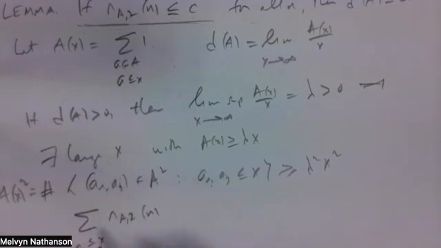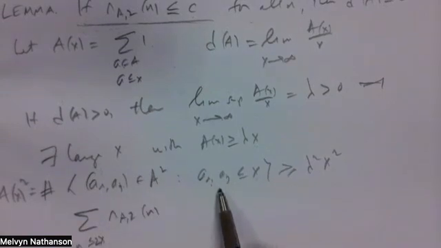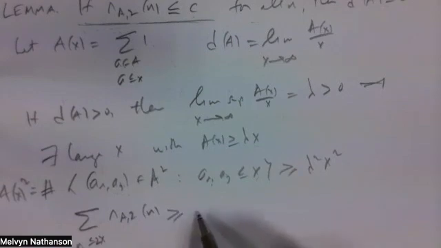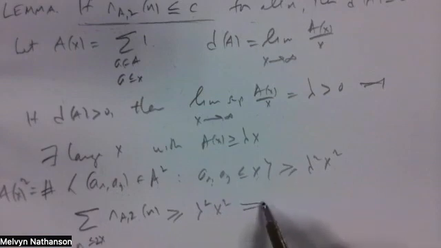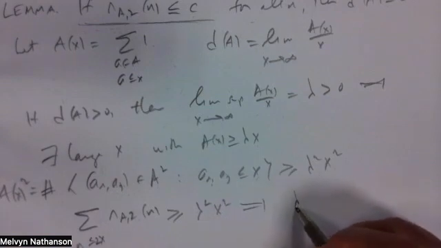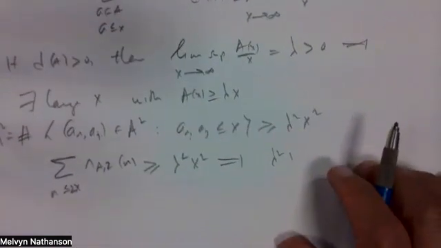Because if AI and AJ are both less than or equal to X, AI plus AJ is at most 2X. So the number of representations of all integers N up to 2X is at least lambda squared X squared.